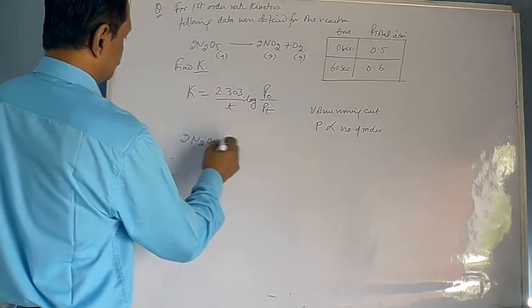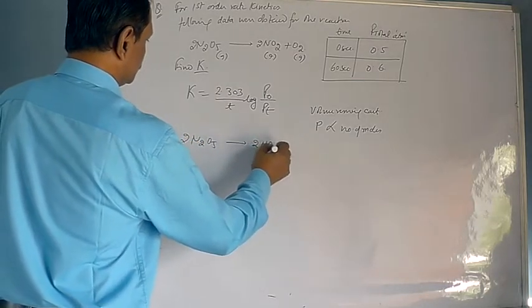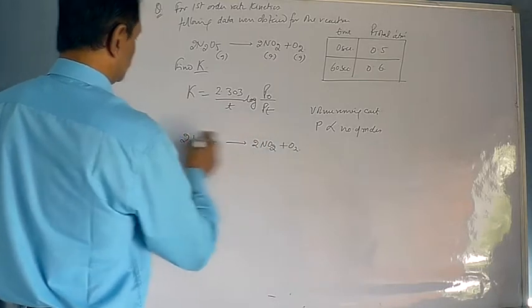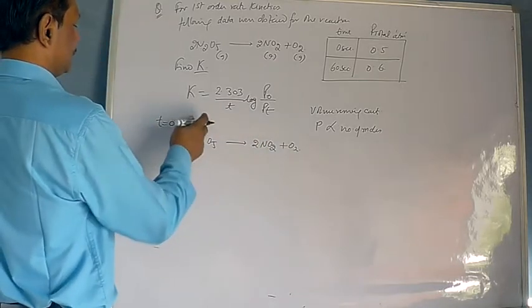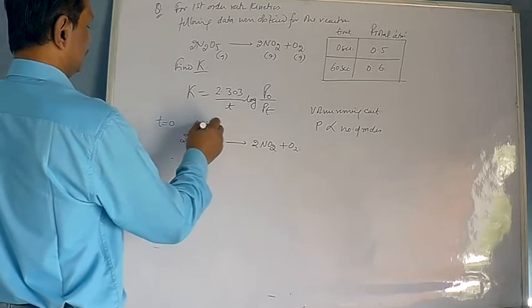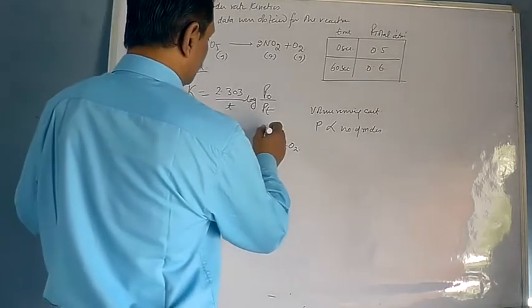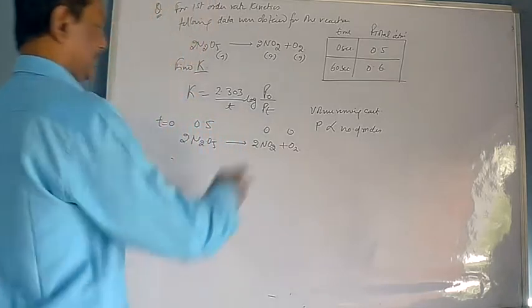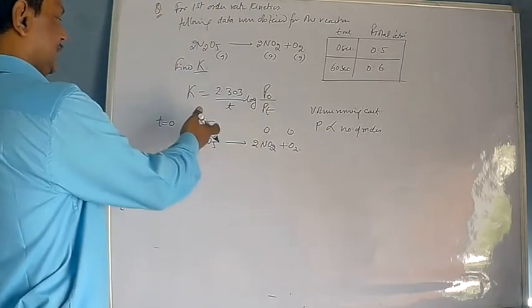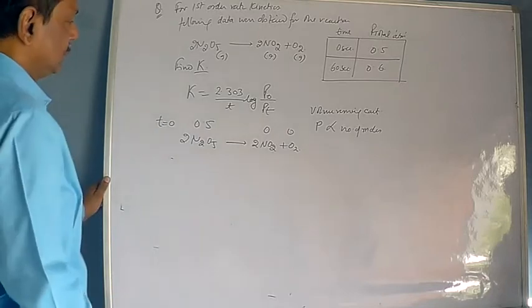Now see. At t equals 0, the pressure observed was 0.5, and at that time the products are 0 moles and 0 moles. Pressure is directly proportional to number of moles. Either I can say atm or we can say number of moles.